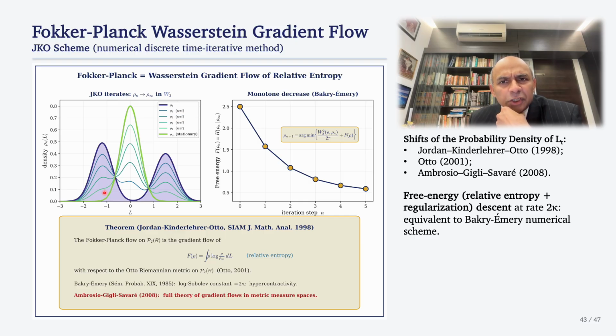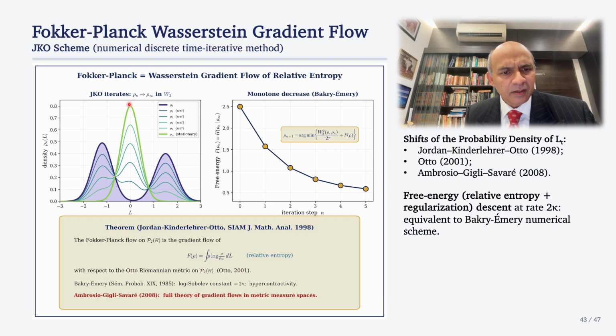You build the solution in small steps, each one balancing staying close to where you are, measured in Wasserstein distance, against lowering the free energy. A bimodal starting density relaxes smoothly into the stationary Gaussian. Okay, so the stationary Gaussian is shown here in green, and there are a lot of iterations that lead to it.